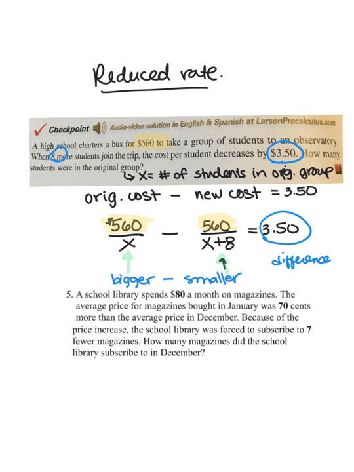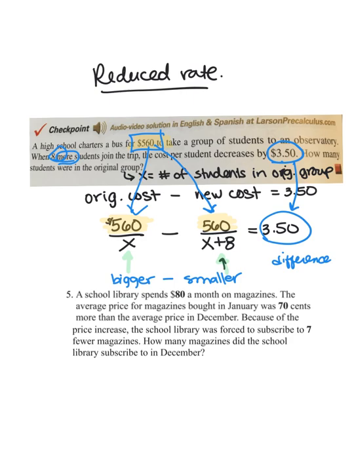You just have to think about what goes where. The flat rate is always going to go in the numerator. What something is decreasing or increasing by is going to go at the end. And the 8 more, or however many are being added or removed, is going to be in the denominator, and then you have to do bigger minus smaller equals difference.